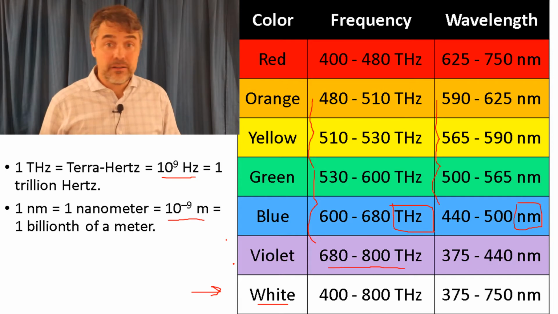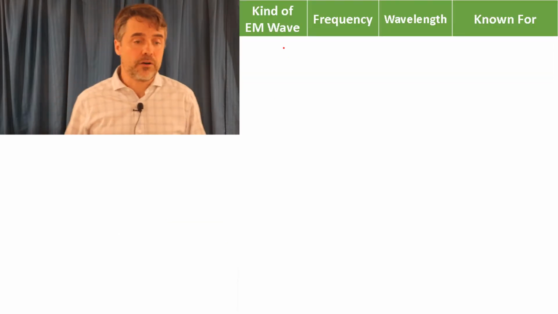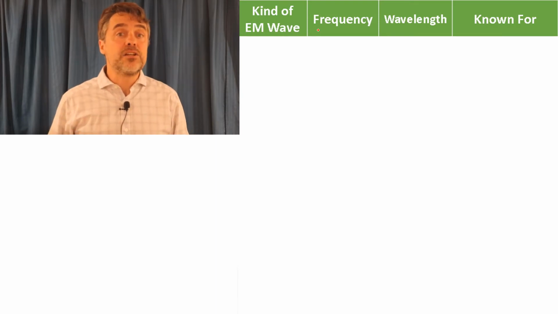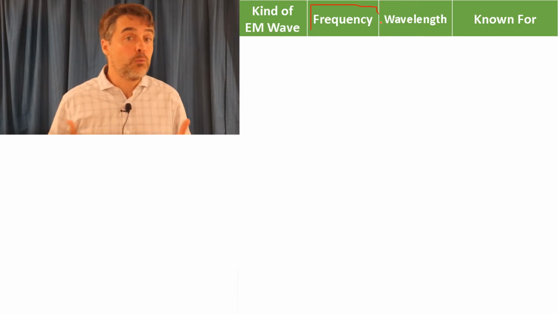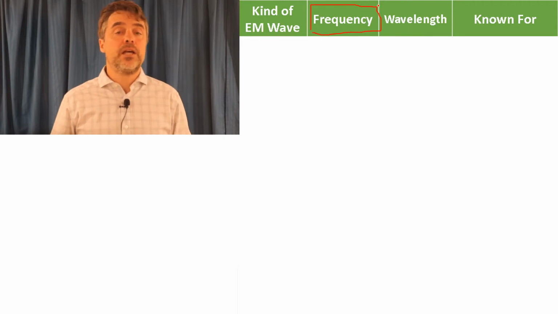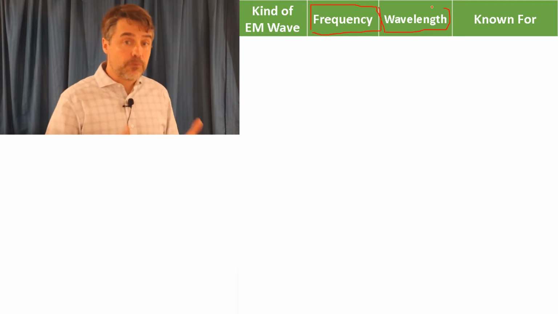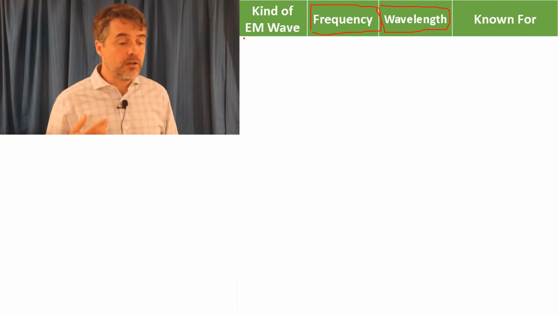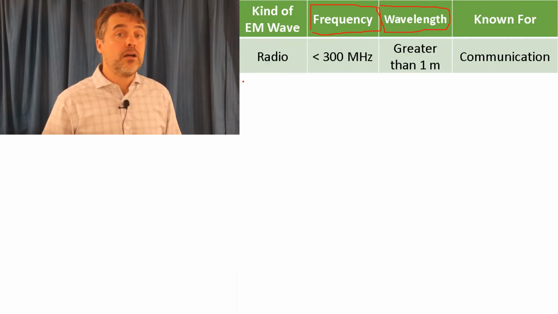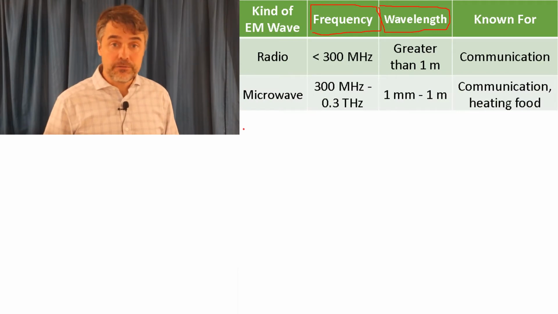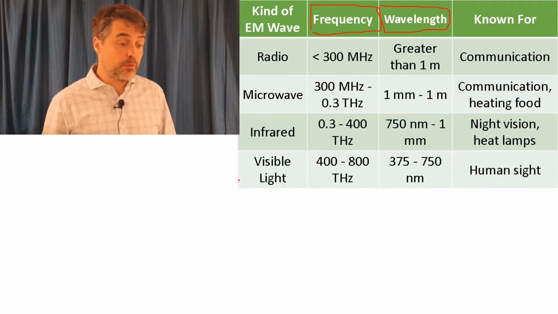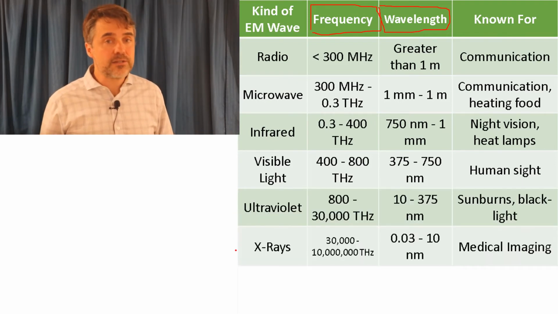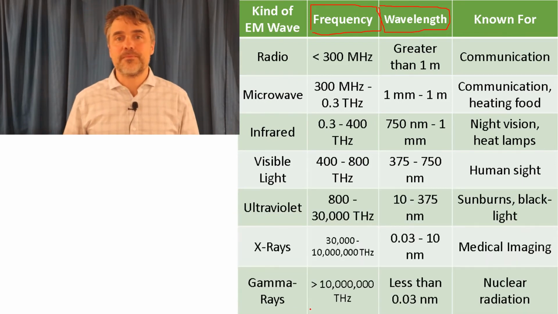It turns out that there are other kinds of EM waves other than just light. They are all classified based on their frequency or wavelength range. Going from the lowest frequency kind of EM wave up to the highest frequency, they are called radio, microwave, infrared, visible light, ultraviolet, X-rays, and gamma rays.